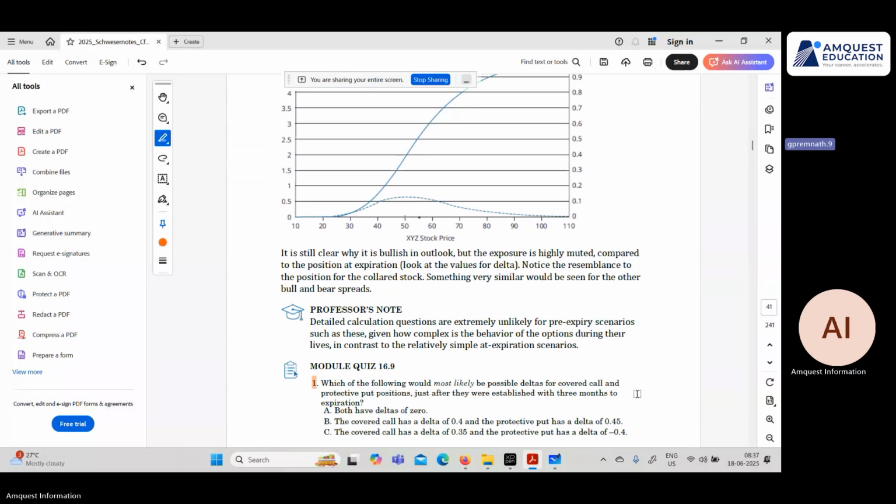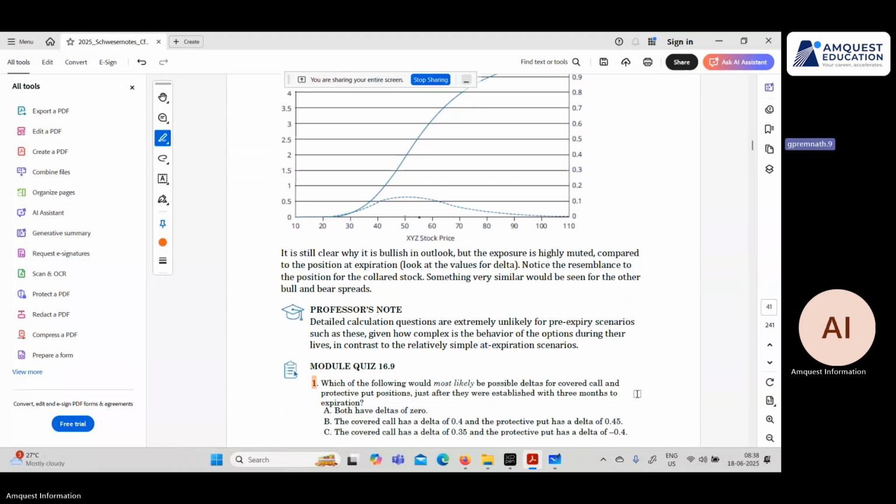Which of the following would most likely be possible deltas for a covered call and a protective put position just after they were established with 3 months to expiration? Covered call: basically you short a call, so you have negative delta, and you have the underlying, so you have +1.